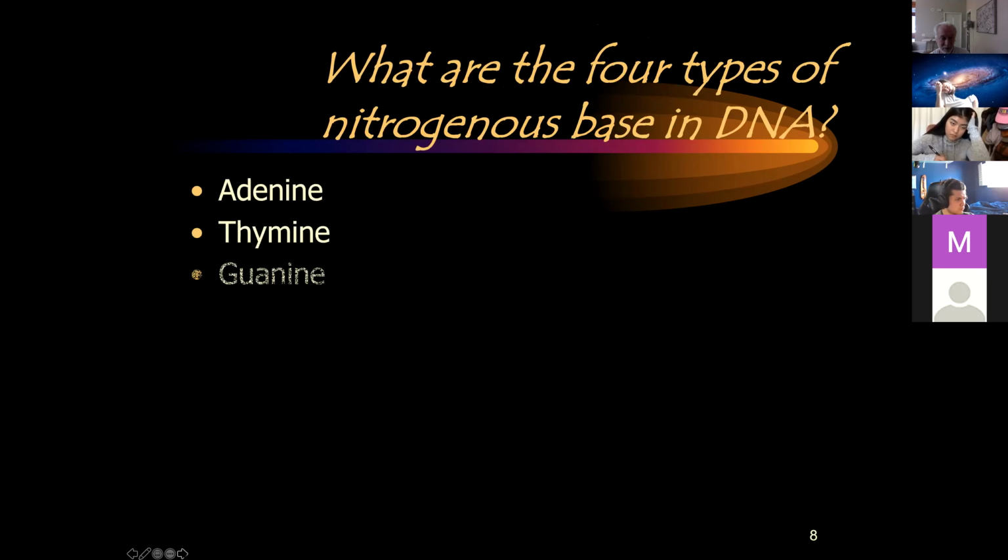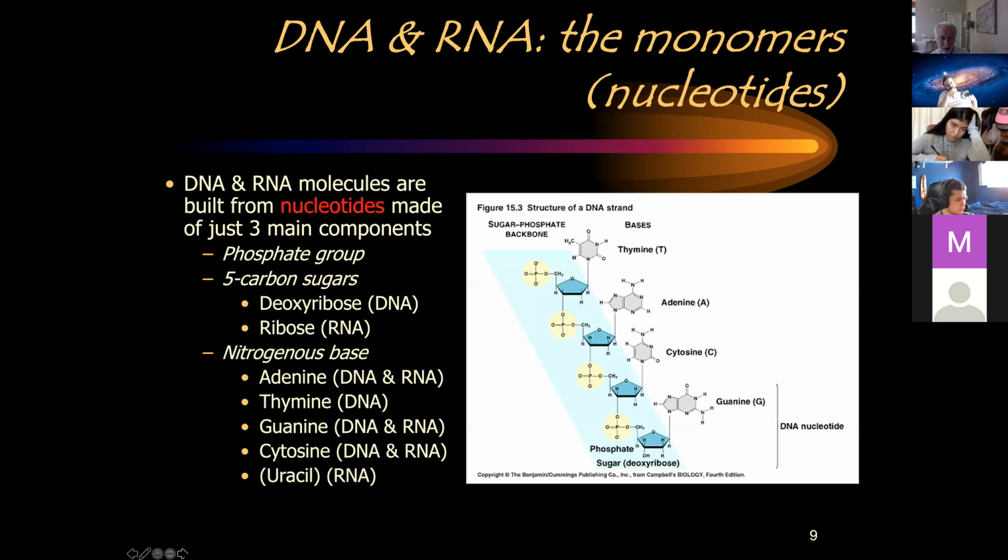Okay, what are the 4 bases? A's and T's, G's and C's. Now this is a picture that you've seen before, and what I want to emphasize here is, what is a nucleotide? Lower right-hand corner shows one DNA nucleotide. A nucleotide is made of a phosphate group, a 5-carbon sugar, and a base.